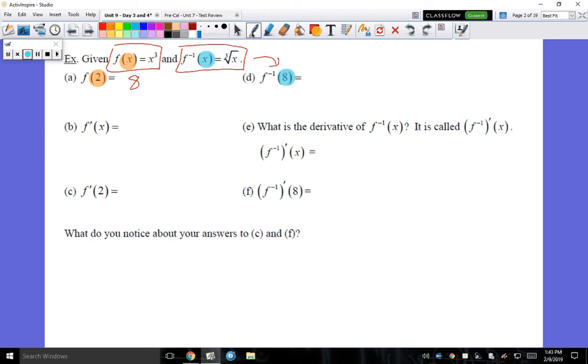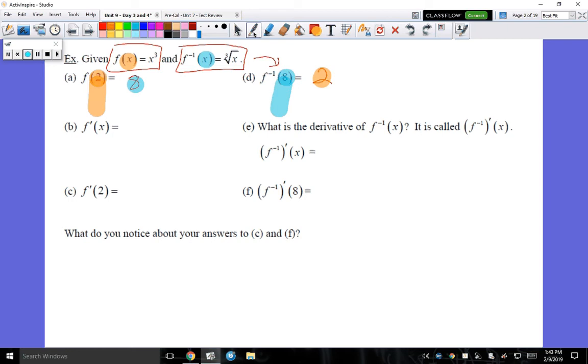I would get the cube root of 8, which is 2. Notice the relationship here. The input of the original, 2, is equal to the output of the inverse. And the input of the inverse is equal to the output of the original. That's huge for how we're going to use this shortcut in just a bit.